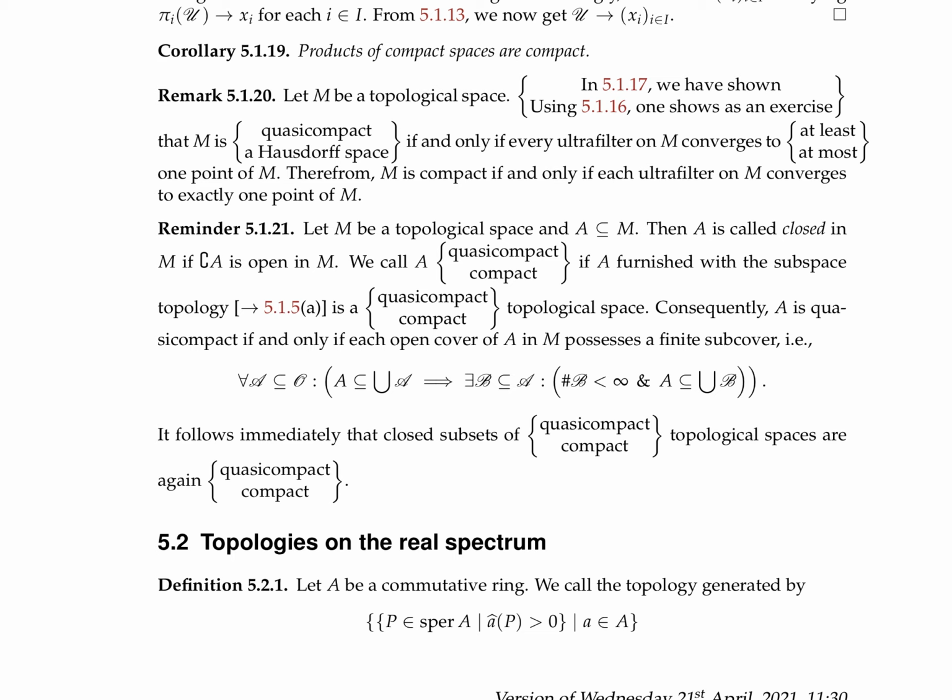For subsets of topological spaces, we said when they are quasi-compact and when they are compact.